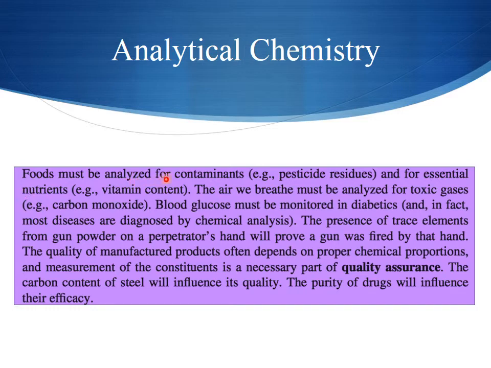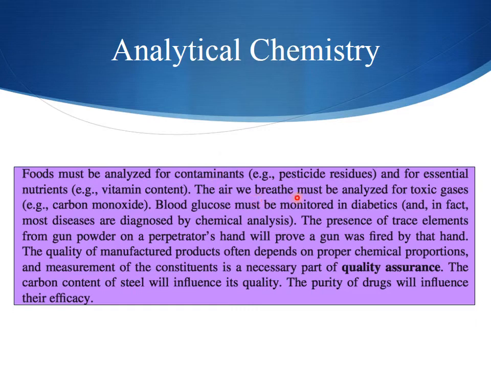So food must be analyzed for contaminants, for example pesticide residues, and for essential nutrients, for example vitamin contents. So food may have contaminants like pesticide residues and important components like vitamins. Both these contents can be determined by means of the methods of analytical chemistry.